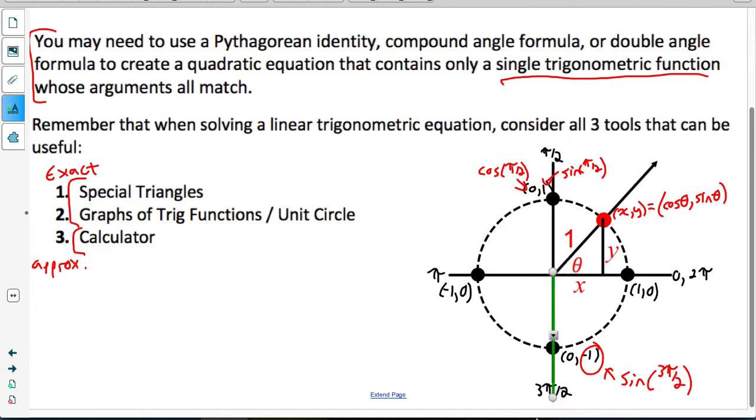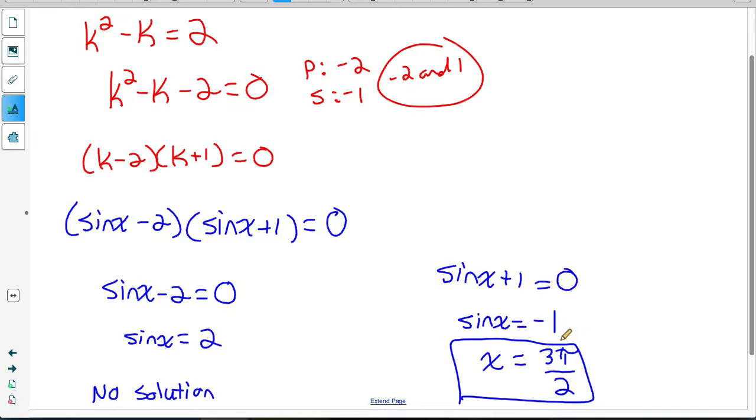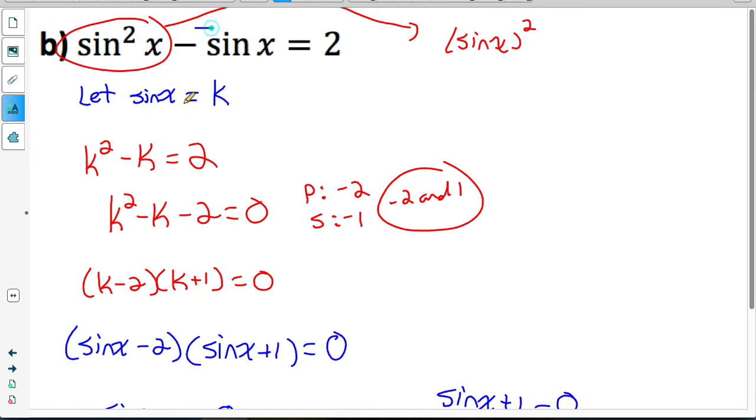Right here, the same one as before, 3 pi over 2. Sine of 3 pi over 2 equals -1. So for this, once again, I say x equals 3 pi over 2. And that's actually going to be my only answer to this equation. There were no answers from this factor, and there was one answer from this factor. So 3 pi over 2 is the only angle that satisfies this original equation.